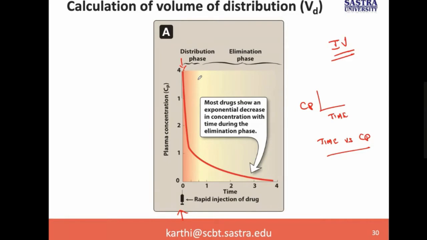Can you tell what's the reason for the decrease in the concentration? Why, when time goes, does the concentration decrease? Due to absorption? Wait. If I say that it is intravenous administration, is there anything called absorption?